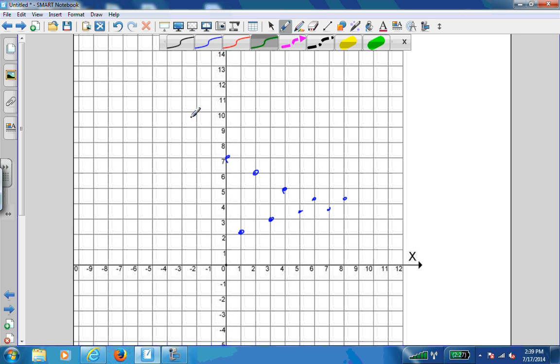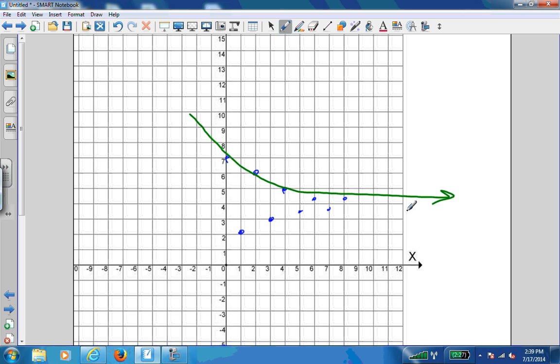Notice the upper end of that is always above that function. And let's say that's a sub n, and as n goes to infinity, a sub n goes to 4.